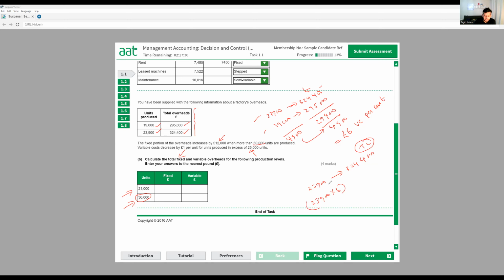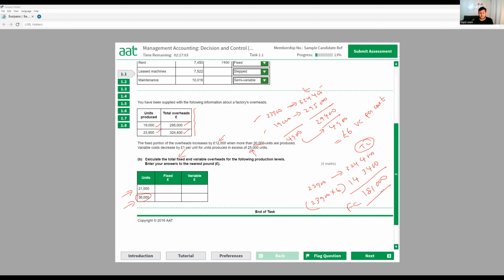So my total variable cost will be 143,400. And if I find the difference, 324,400 minus that gives me my fixed cost, 181,000.